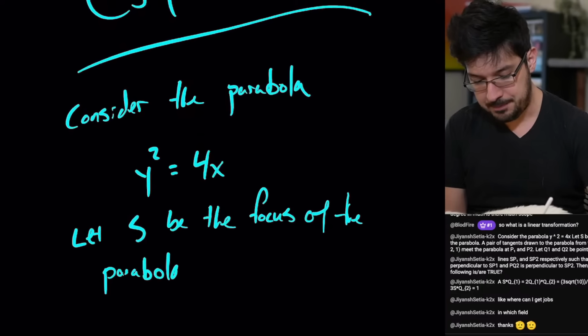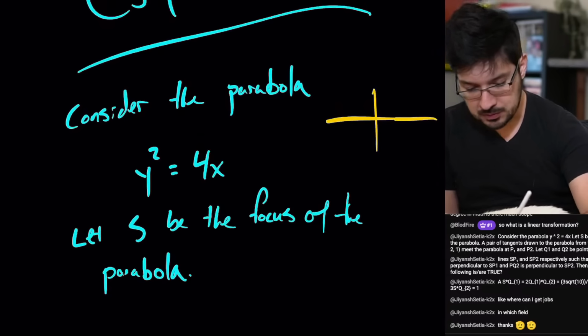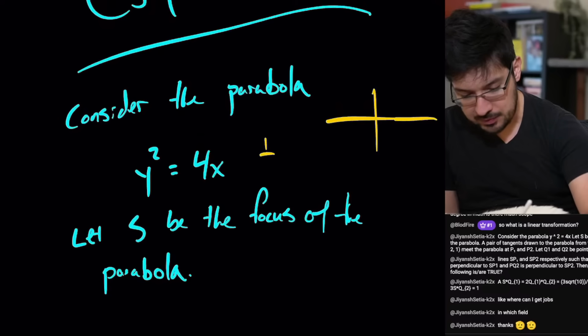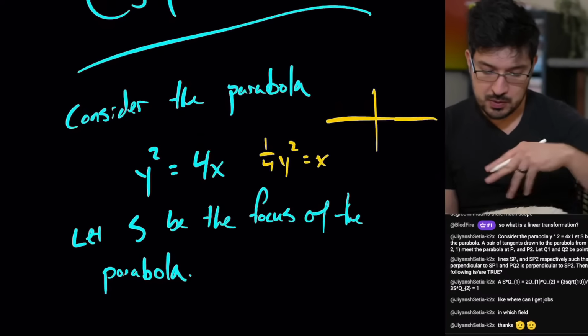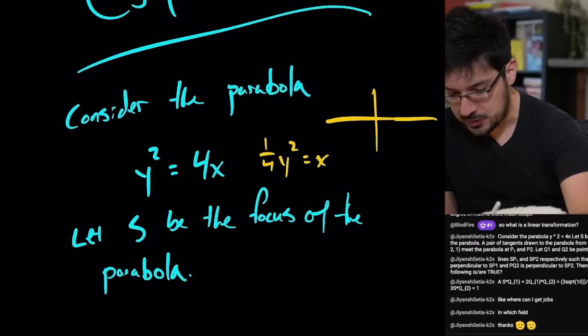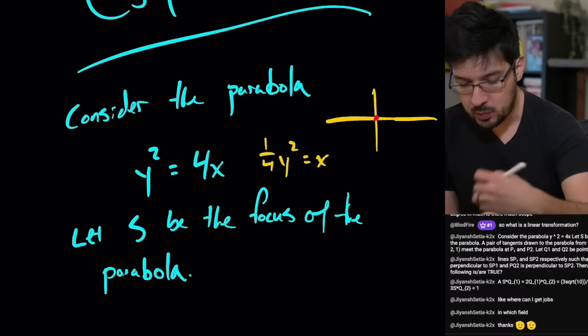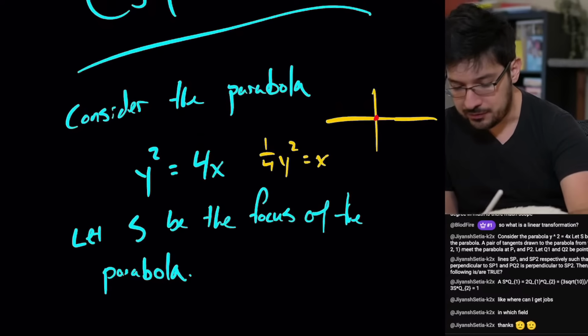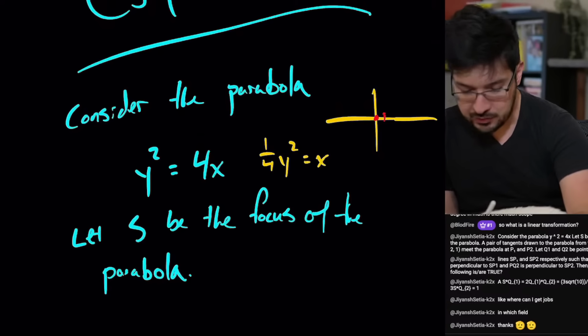Notice that the square term is y rather than x. So this is the same as 1/4 y squared equals x. When x is 0, y is 0. When x is 1, y is 1/4, right? When x is 2, y is 1.